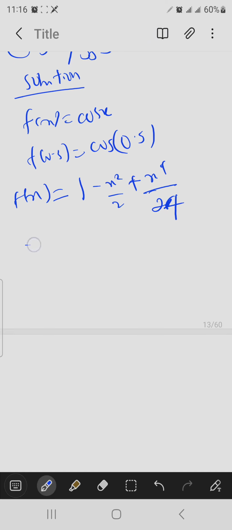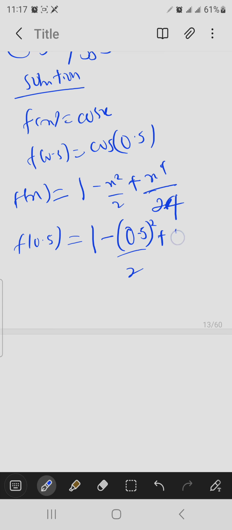So this one will now be equal to what? f of 0.5. No, sorry. Is this 0.2 or 0.5? This one will be f of 0.5. I'm going to continue, I can't pause it. So this one will be 1 minus 0.5 all squared over 2 plus 0.5 all raised power 4 over 24.